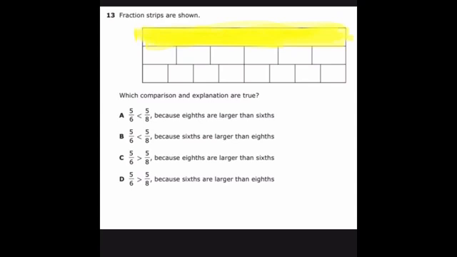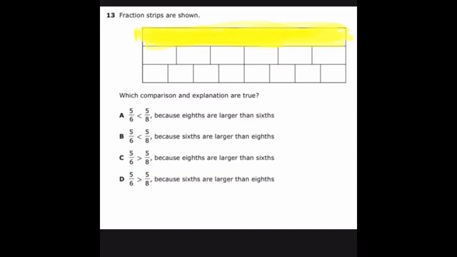Now that second row is the same size candy bar, but if I broke it up into 6 equal pieces. The last row is that same size candy bar, but if I broke it up into 8 equal pieces. So the first one is a whole, the second one are sixths, and the third one, they're called eighths. I want to make sure you know that's sixths with the THS and eighths with the THS at the end.